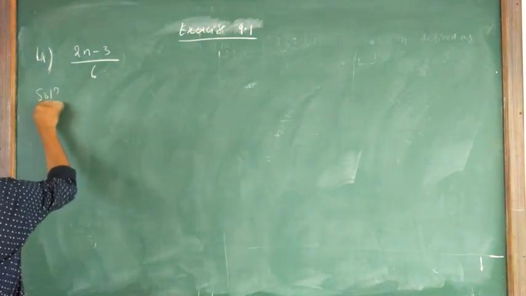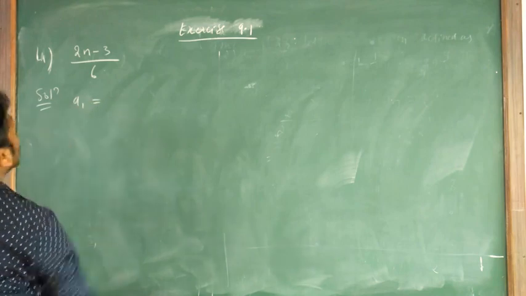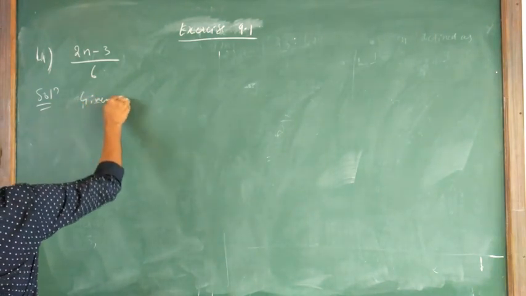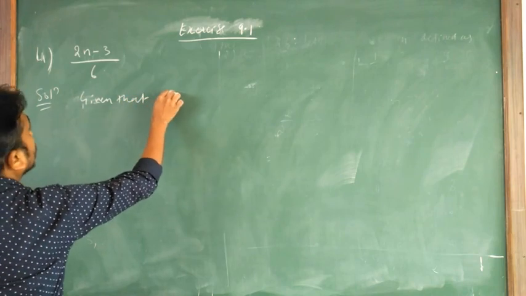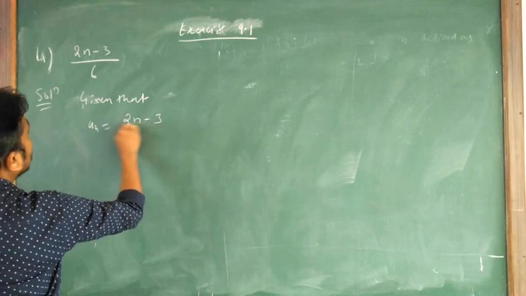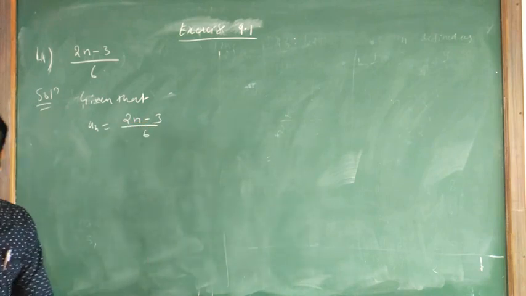Solution: given that an equals 2n minus 3 divided by 6.